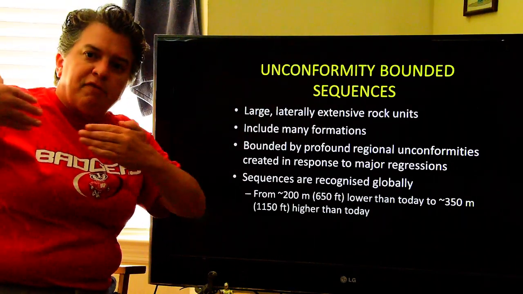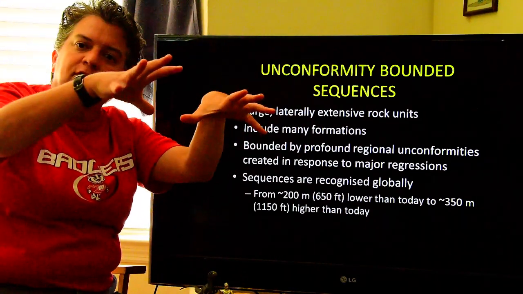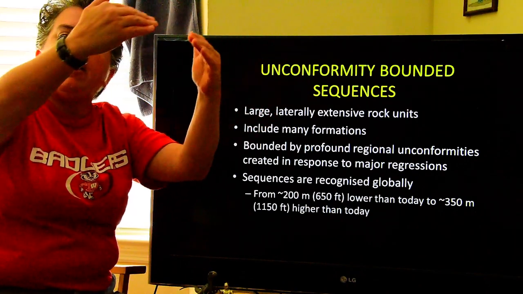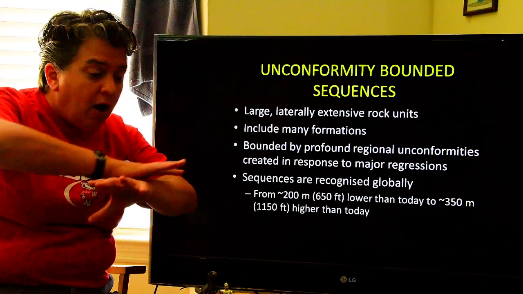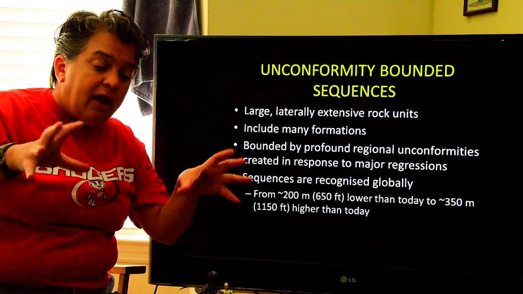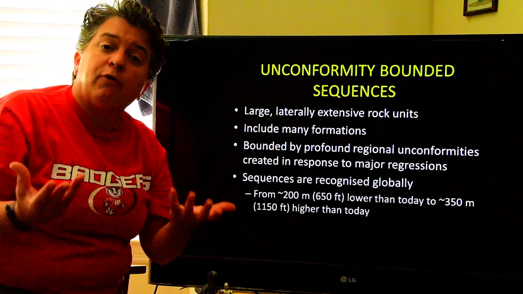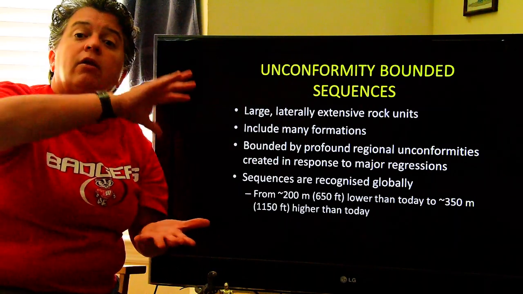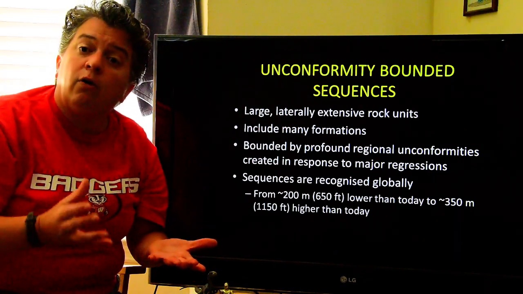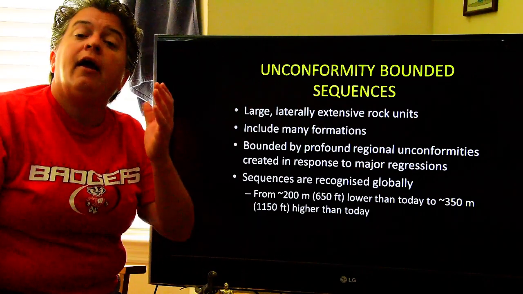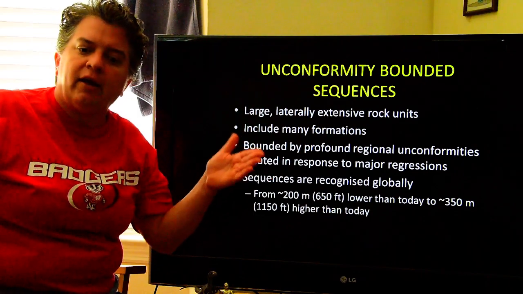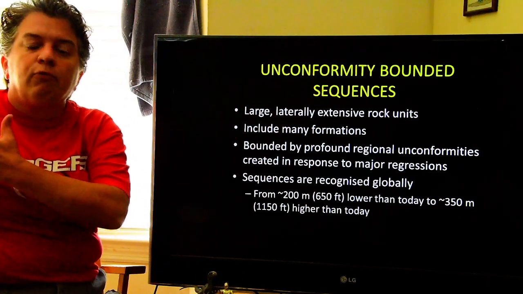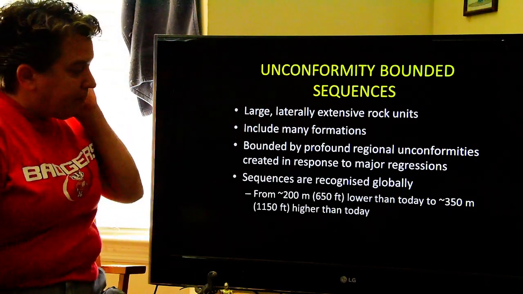So when we have sea level rise, we get lots of sediment deposited, but then as the sea level regresses and falls, all of that is exposed to weathering and erosion, so a lot of it can get eroded away, creating a huge regional unconformity as the sea level dropped again.